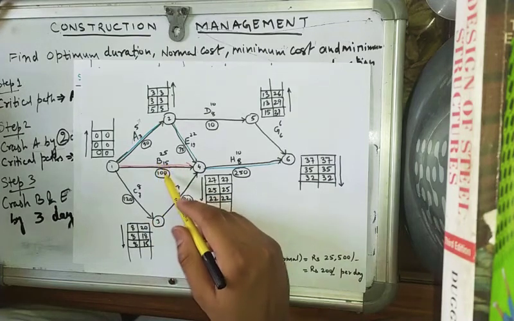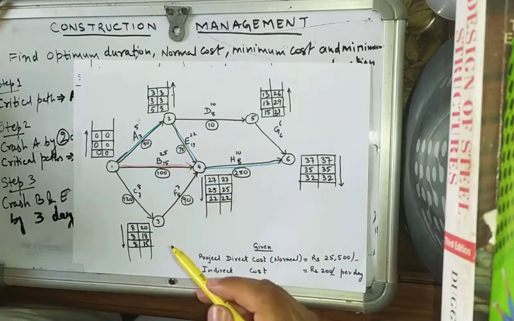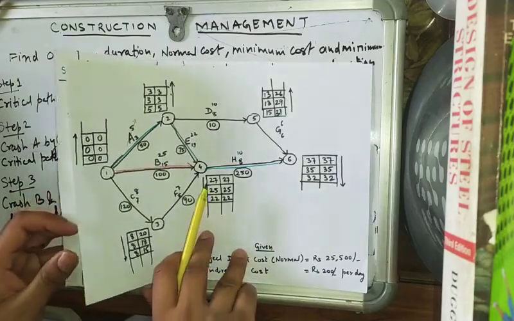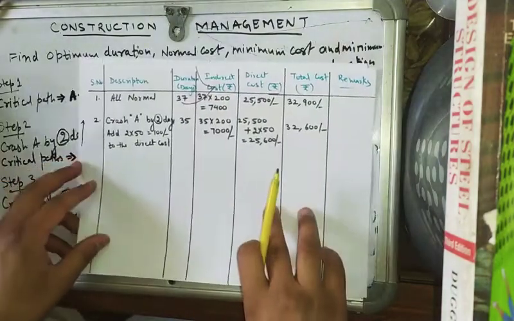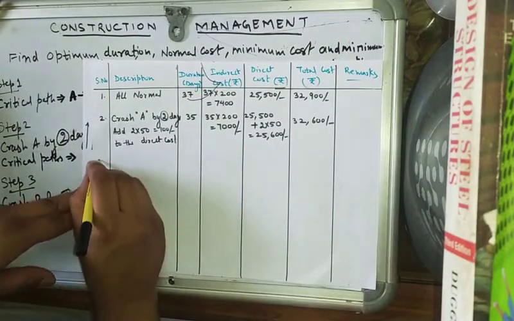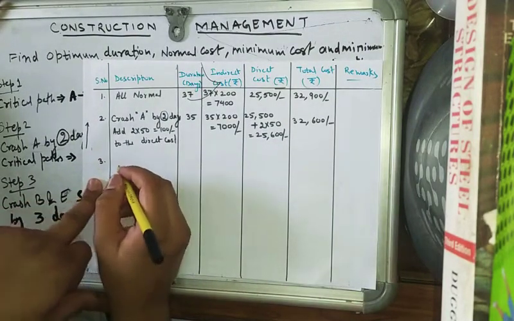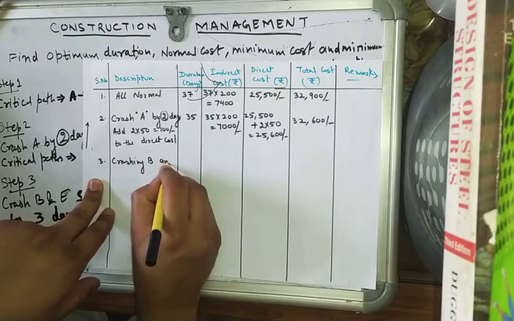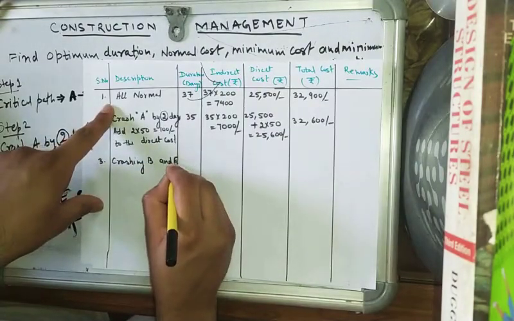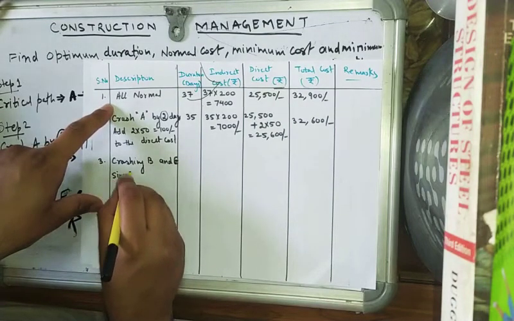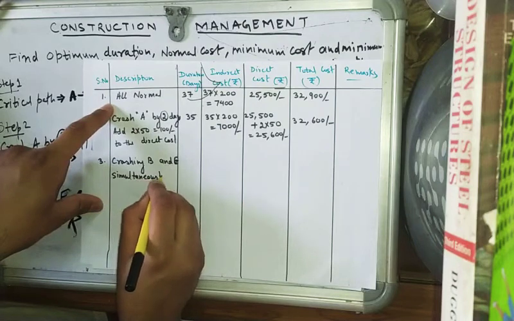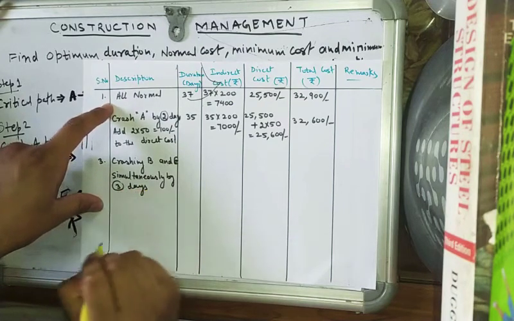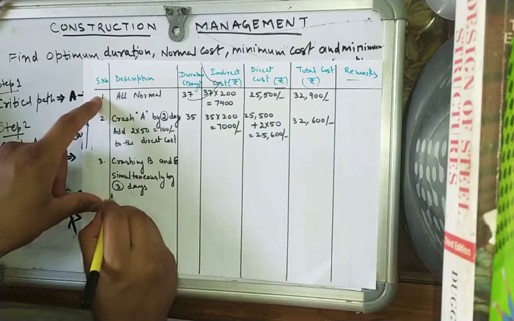Here we have simultaneously crashed B and E. So that means crashing B and E simultaneously by 3 days, so what will we add?